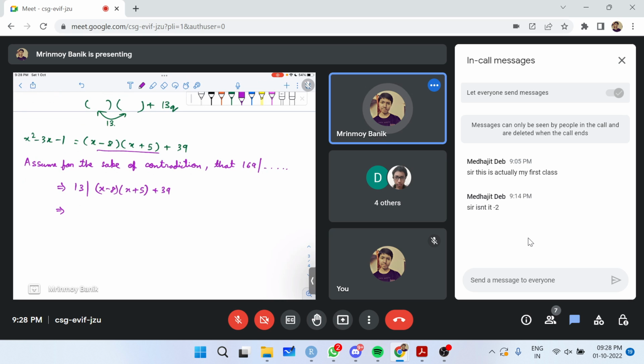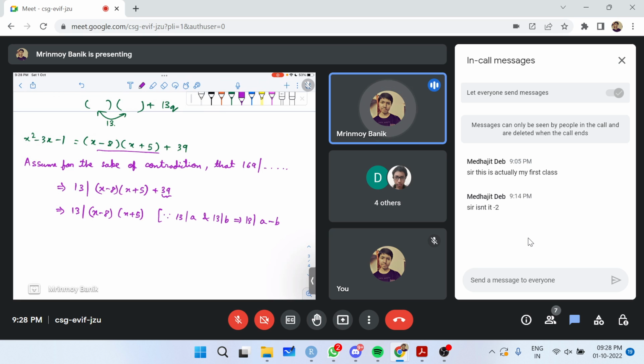And that implies, observe that 13 divides this next term, 39. So 13 divides (x minus 8) times (x plus 5). Why is it true? Since if 13 divides a and 13 divides b, then 13 divides a minus b.